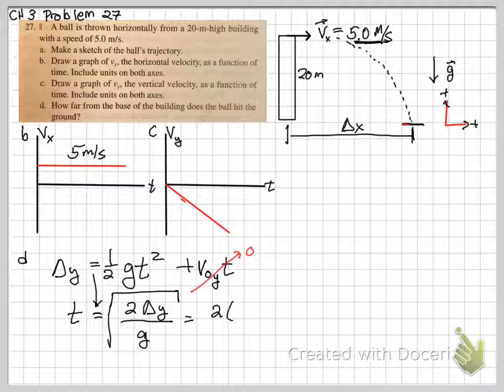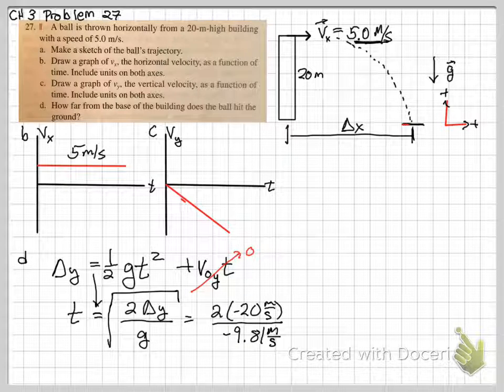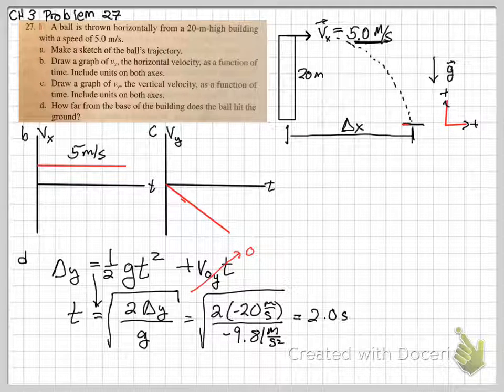Spelling it out, 2 times negative 20 meters, divided by negative 9.81 meters per second squared. Notice that the displacement is negative because it's going downward, and our acceleration is also in the downward direction, also negative. Those two negatives cancel out, so we don't have any imaginary numbers, and we get about 2 seconds as our time.